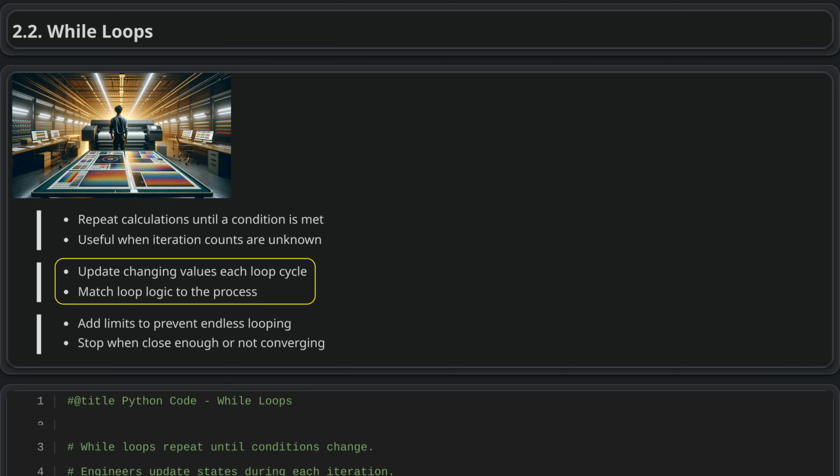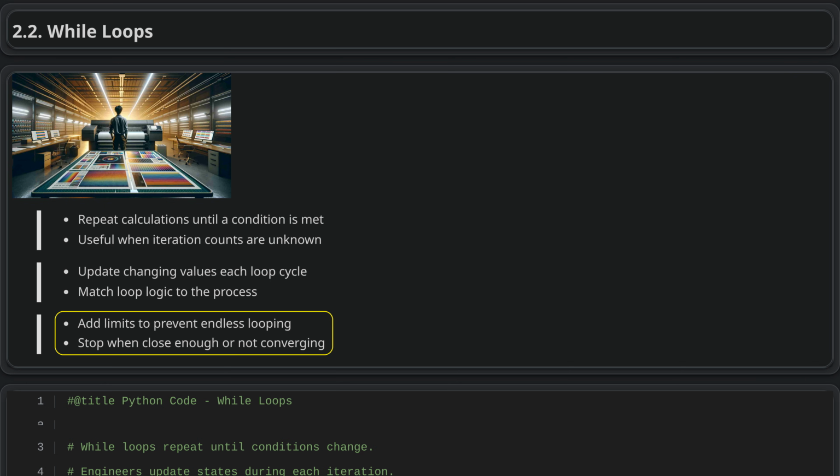When writing a while loop, make sure something important changes each time the loop runs. In engineering calculations, failing to update values such as volume or temperature can cause endless loops or misleading results. A reliable loop needs a starting state, a clear stopping condition, and an update that matches the physical process being modeled.